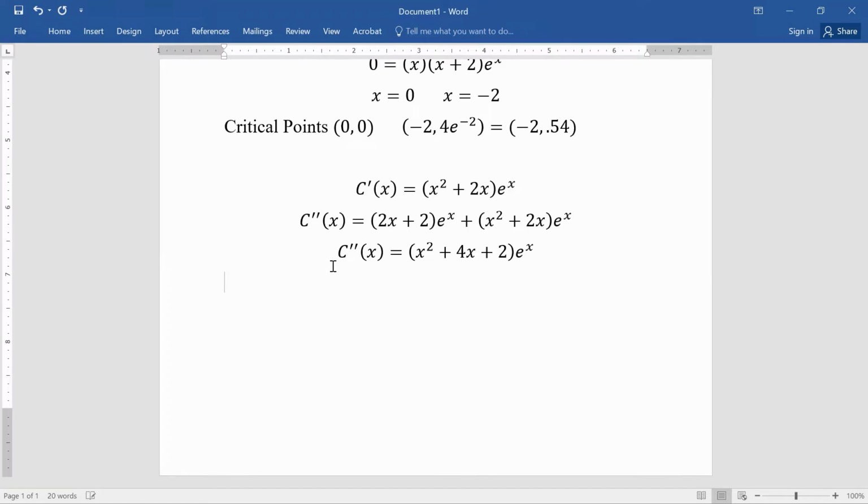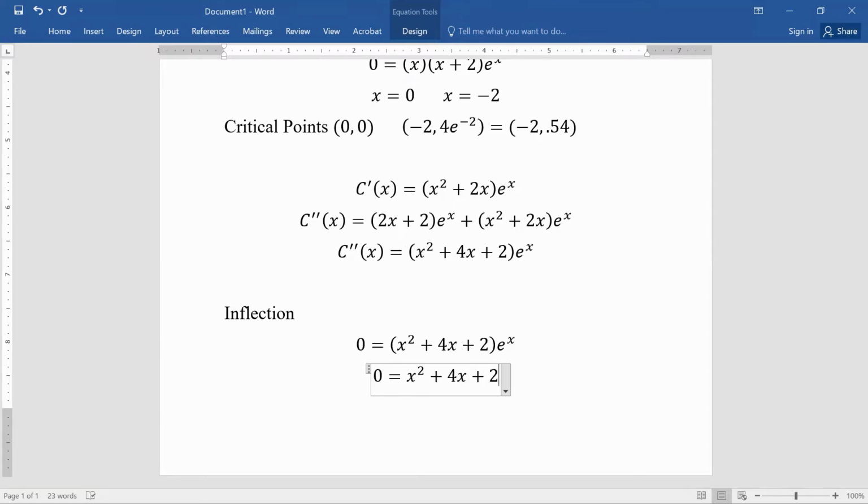If I'm looking for points of inflection, I set my second derivative equal to 0. X squared plus 4x plus 2 times e to the x is now set equal to 0. The only time this can be equal to 0 is when x squared plus 4x plus 2 is 0, because e to the x can never be equal to 0.